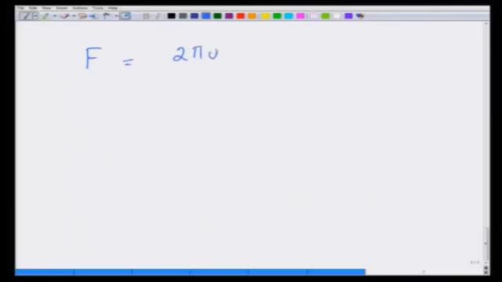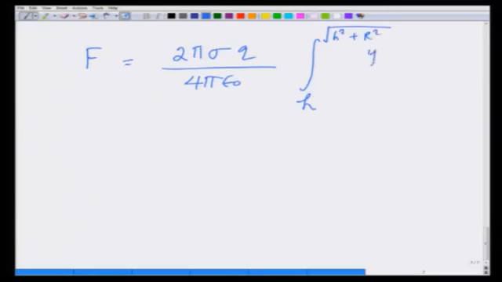2 pi sigma q over 4 pi epsilon 0 times integration. This integration is now going to be from h to square root of h square plus r square, y dy over y cubed.